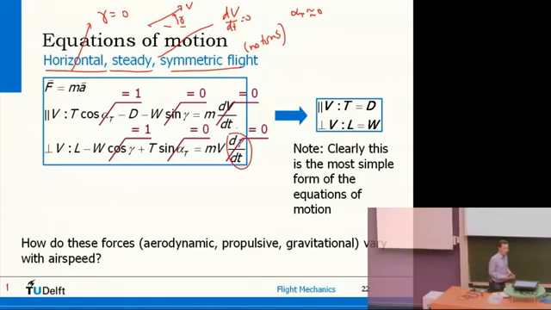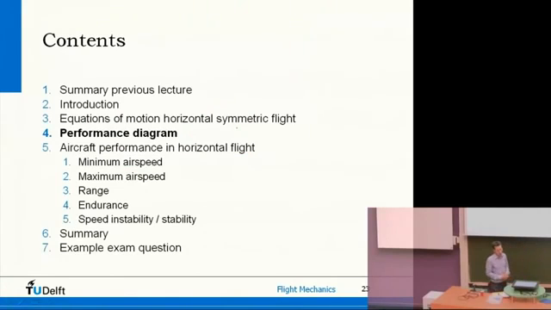Now we've already derived that basically. We know how aerodynamic drag behaves, we know how thrust behaves with airspeed. So what we can now make is a diagram where you have both the aerodynamics and the propulsion together in one diagram to tell you something about performance, and this is why we call it a performance diagram.